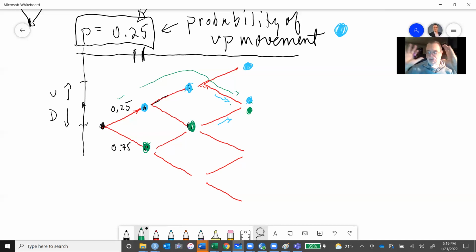That's the complication that we all have to get our heads around. And the same down here, it'll be green, green. This is always going to be green because it's always going to be a down movement. There are no up movements, so that's going to be unique. These two paths at each end are going to be unique paths.